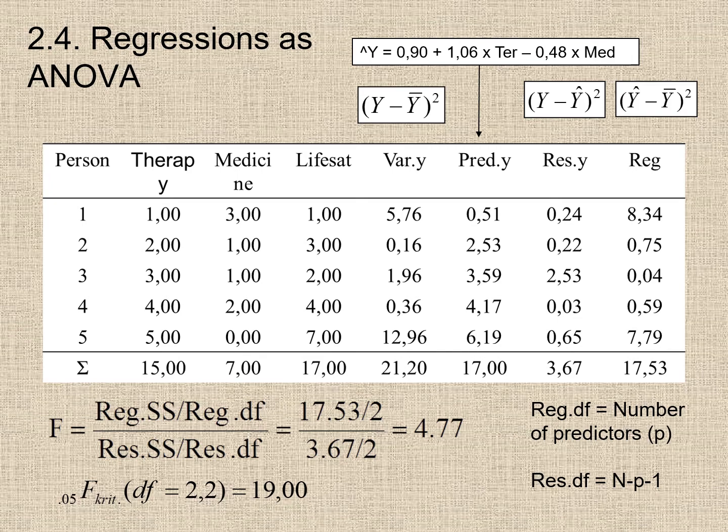Because this value here says that if it's 0% explained variance in the population, the probability is 95% to get an F ratio that is less than 90. And in this case, our F ratio is less than 90. So the probability of getting our data, if it's 0% explained variance in the population, is more than 5%.